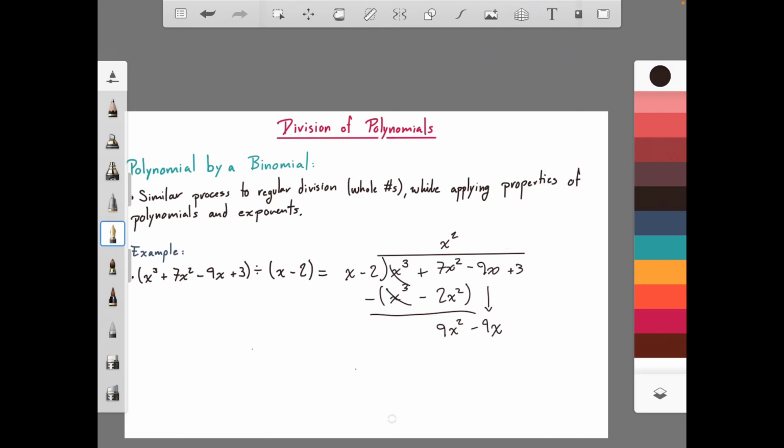Now, what would you multiply x by to get 9x to the second power? And that's easy. We would multiply by 9x, right? So we say plus 9x.